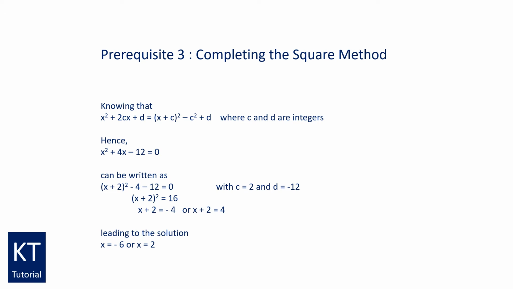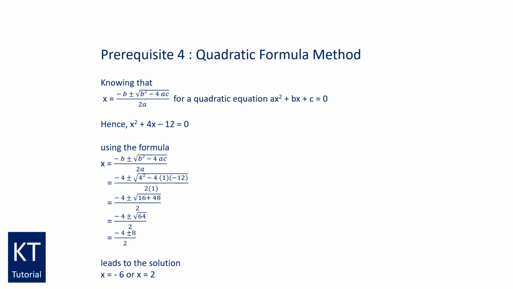The third prerequisite is to be able to apply the completing the square method to a quadratic equation. The fourth and final prerequisite for this segment is to be able to apply the quadratic formula method to get to a solution for any quadratic equation.